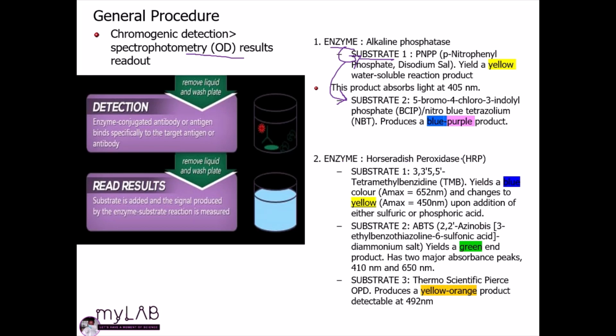When you use horseradish peroxidase conjugation, it will catalyze TMB, ABTS, and OPD. Depending on which enzyme and substrate you have used, there'll be different colors observed, and even the reading of results will be specified in your kit in terms of what is the wavelength to read the color changes.